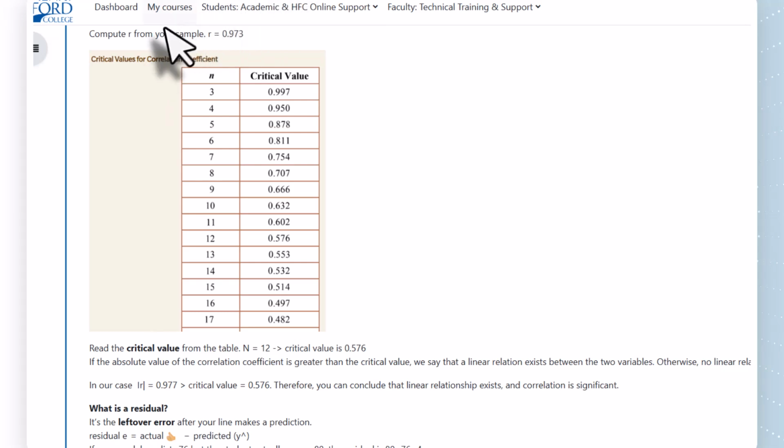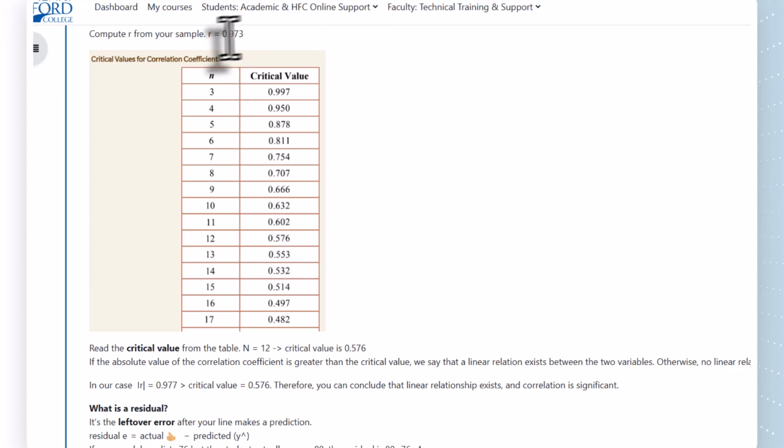You already found r. So r is 0.977, I think. Here's how you check if the correlation is significant between the hours and the test score. You find the sample size, and our sample size was 12. You get the critical value from this table, called the Pearson correlation table. The critical value based on 12 is 0.576.